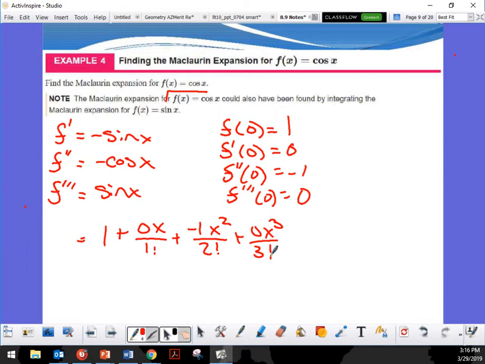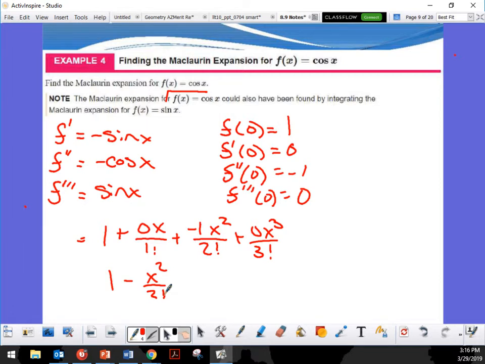So let's write out my terms that I'm going to have now. I get 1, 0 goes away, so it becomes a minus x squared over 2 factorial, right? Then it becomes, what's going to go next? Plus. It's going to be a plus sign? Yes.